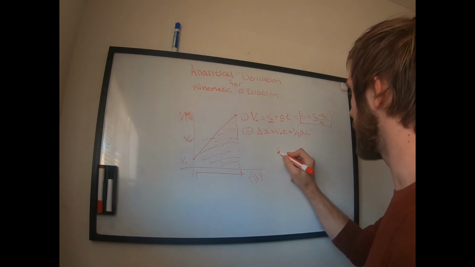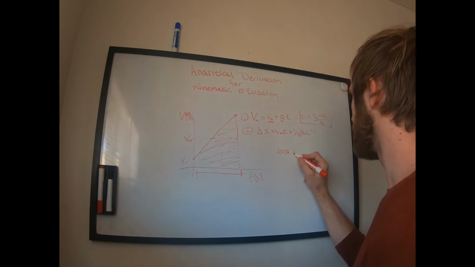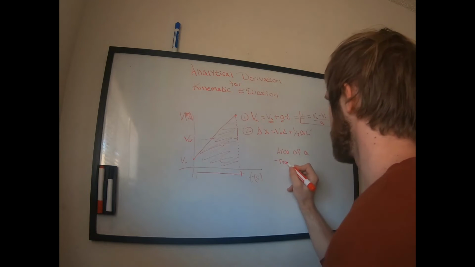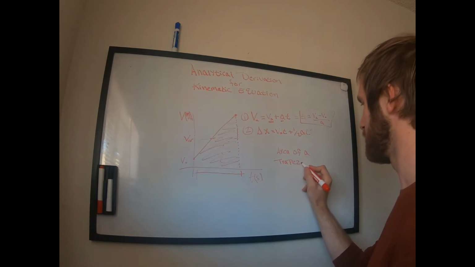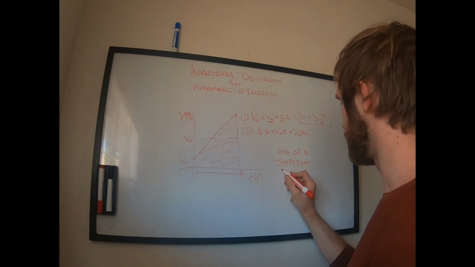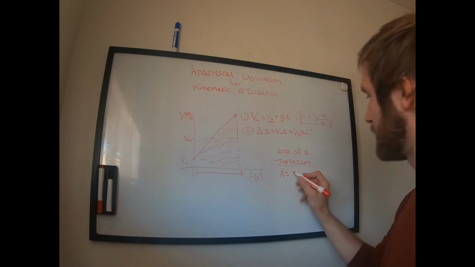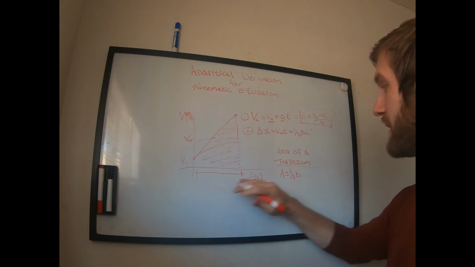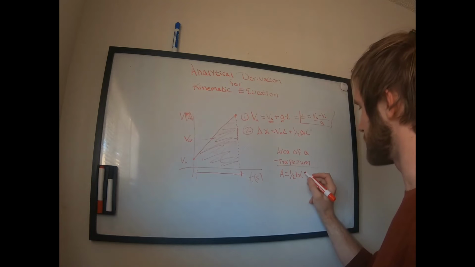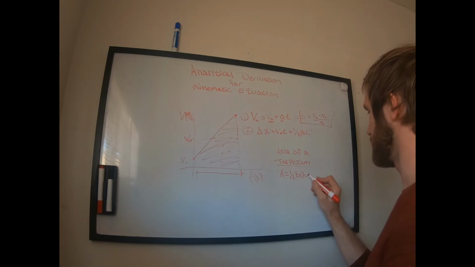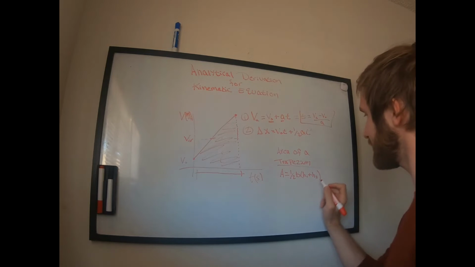So the area of a trapezium is simply equal to 1/2 base times our first height plus our second height.